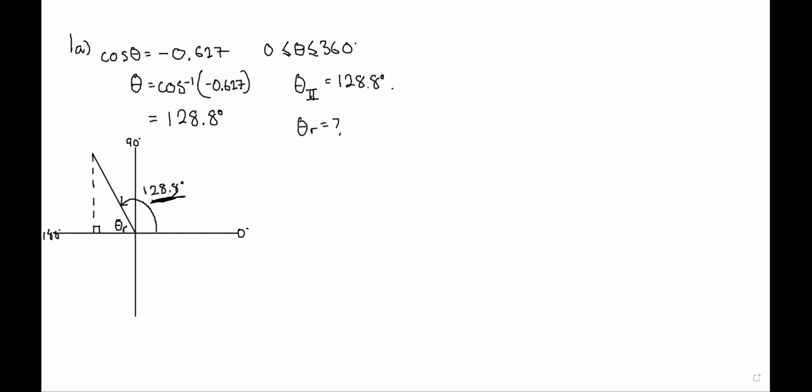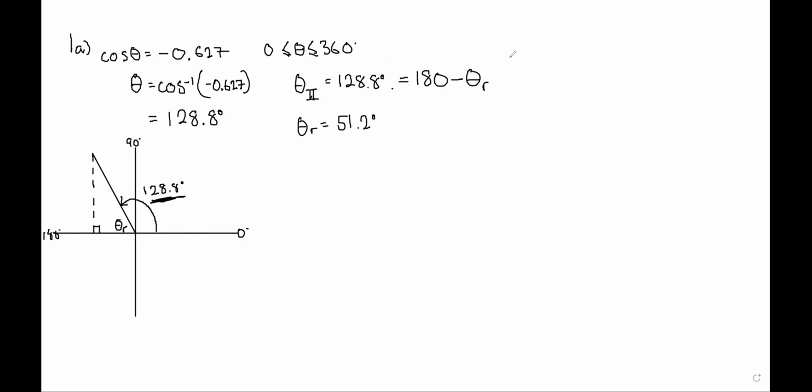One way you could do it automatically is to use subtraction. In quadrant 2, the angle is equal to 180 subtracted by the reference angle. So if you do a little bit of algebra, you will find that 180 minus 51.2 degrees gives me 128.8.